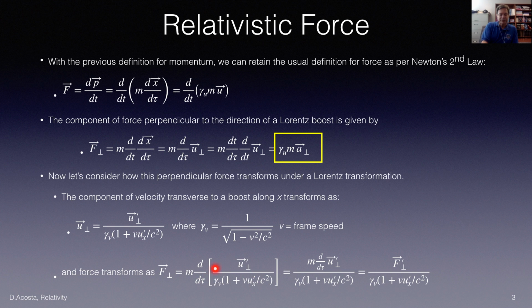And so I put in the expression for how the velocity transforms, take that derivative with respect to tau, and I'll find that essentially I have a definition for the transverse force in the primed frame, and then divided by gamma_v times 1 plus v u_x prime over c squared. So it looks very much like the transformation of velocities, but now I've replaced it with force for the transformation of forces, at least for the component perpendicular to the direction of motion of the two frames.